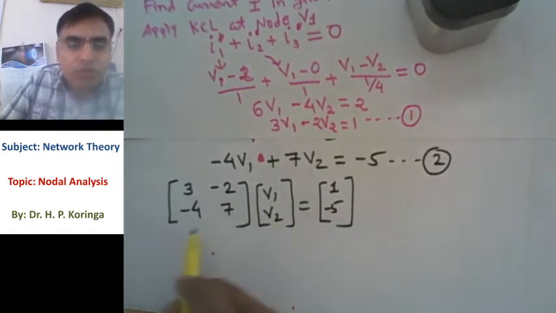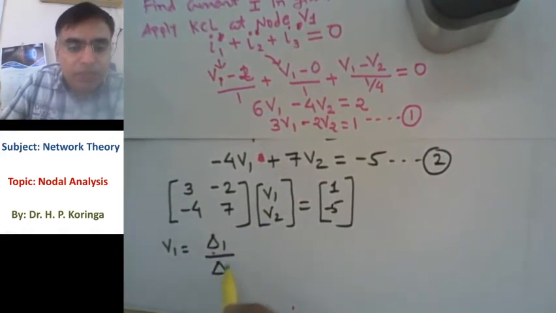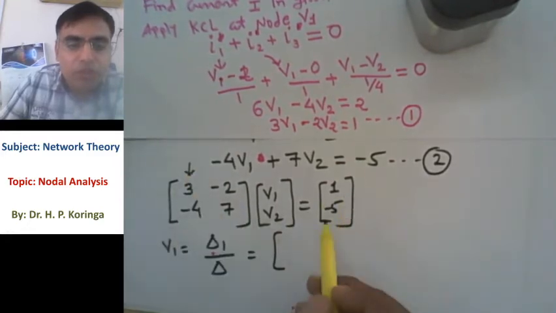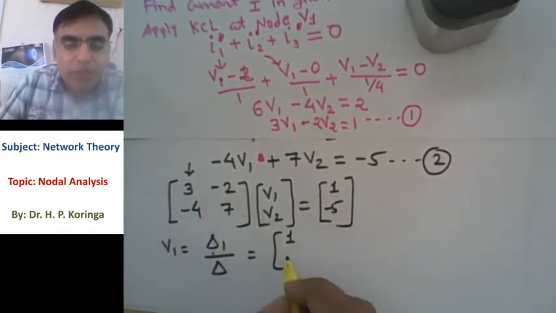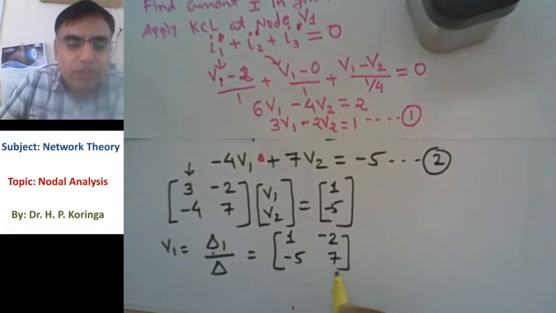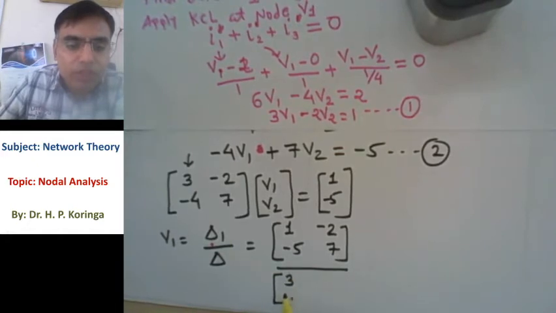Our interest is to solve V1, so V1 is delta 1 divided by delta. For delta 1, we replace the coefficients of V1, 3 and minus 4, with the constants 1 and minus 5, and keep the second column as it is. The determinant of this matrix is delta 1, divided by delta, the determinant of the coefficient matrix: 3, minus 4, minus 2, 7.